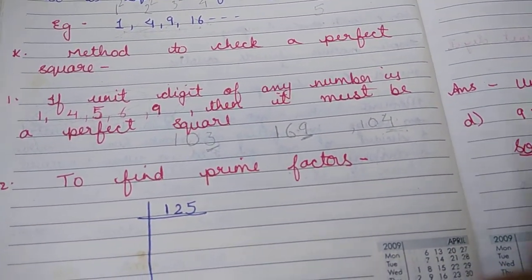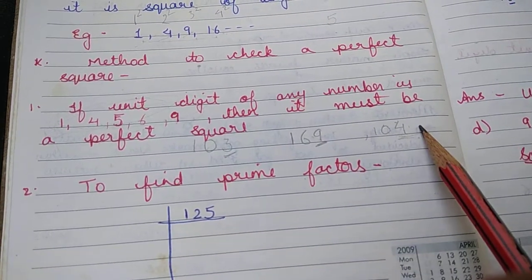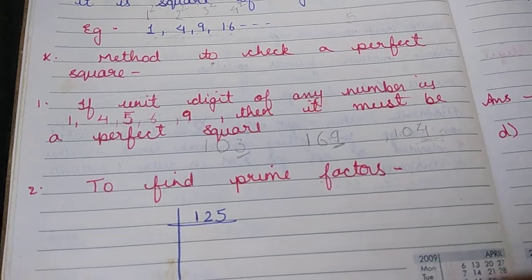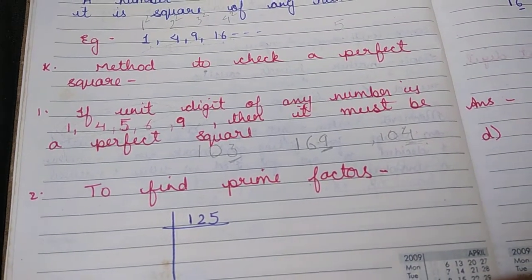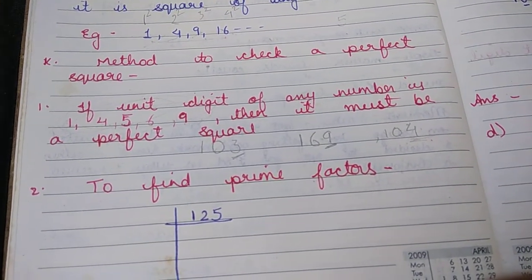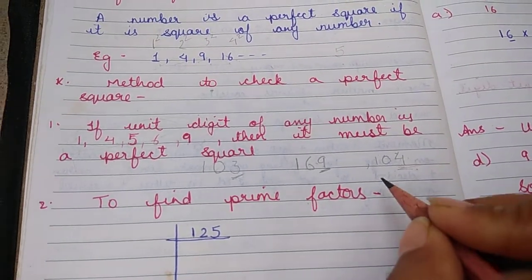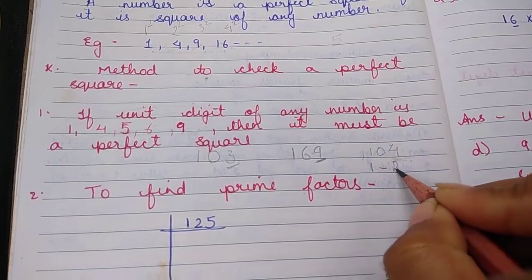To find out if the given number is a perfect square or not, you can do two things. To save your time, you should know the perfect squares from 1 to 20.